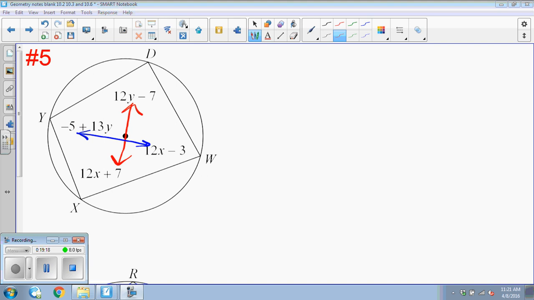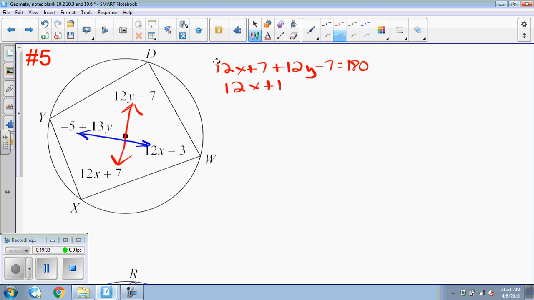So 12x plus 7 plus 12y minus 7 equals 180. I'm going to put that in standard form. So that's 12x plus 12y, my 7's just happen to cancel, equals 180. So that's standard form.